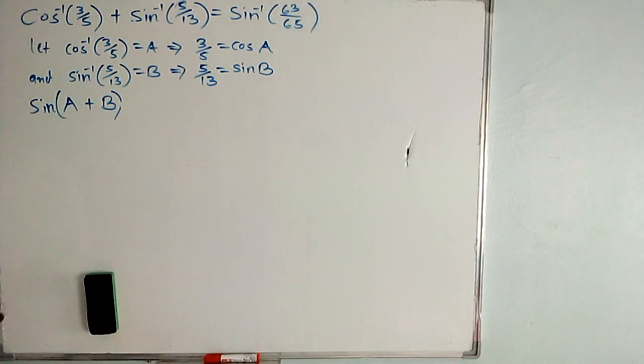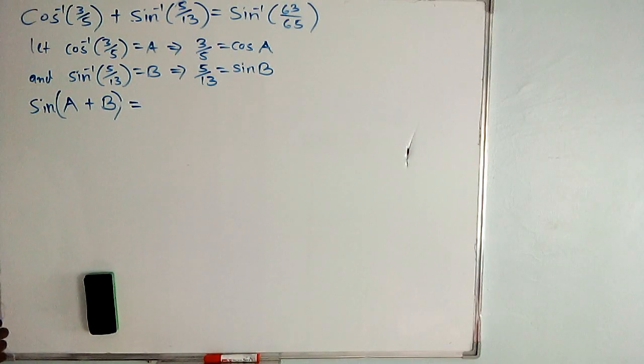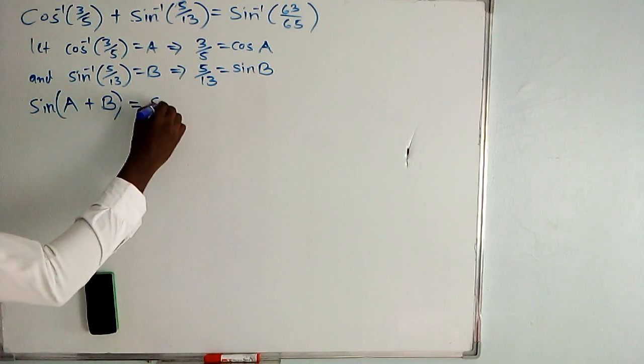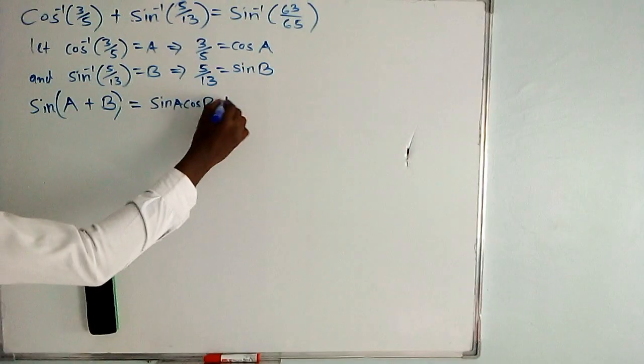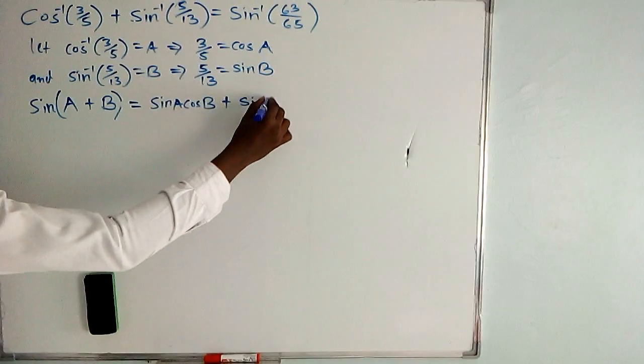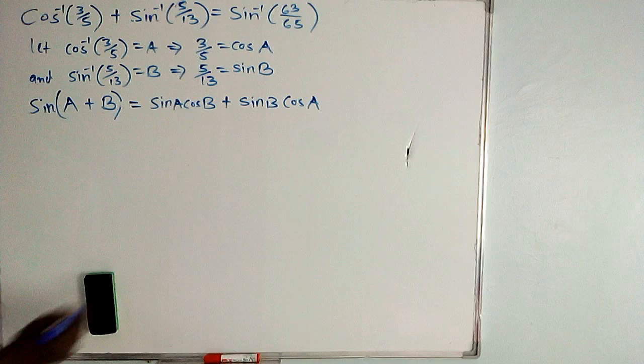So what is sine A plus B? That is the sine sum angle formula from trigonometry, isn't it? So sine A plus B is sine A cos B, plus, interchanging, sine B cos A. Are you seeing that?